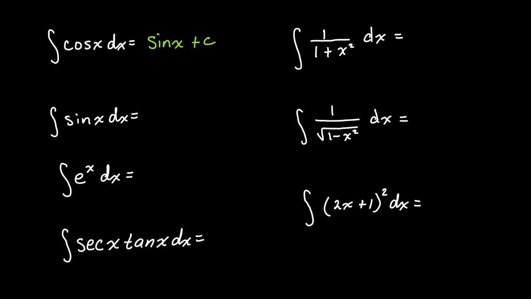The antiderivative of sine would be negative cosine of x plus c, because the derivative of cosine would be negative sine, and negative sine would give us the sine right here.